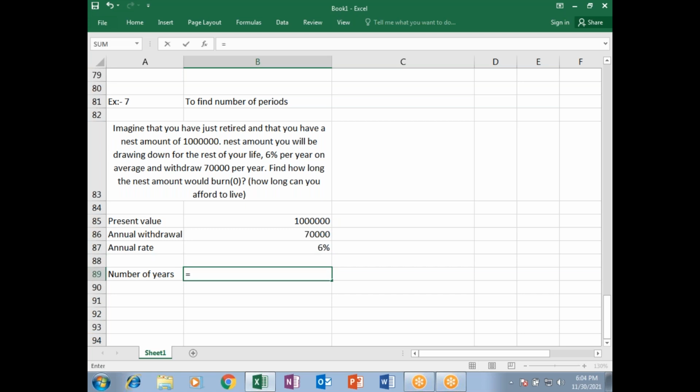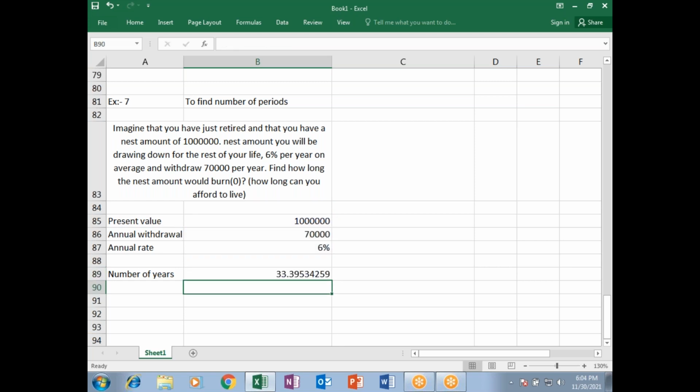So equals NPER, rate, that is nothing but the annual rate, comma. Then I should give the payment amount, which I will take as the withdrawal. Then I have the future value. So minus future value, bracket close.